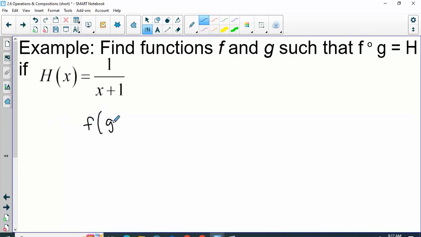So f of g of x is equal to h, which is 1 over x plus 1. G is the inside. That's the thing you do first. So if you're going to plug in a number for your x, what are you going to do first here? If I said go to this fraction, plug in a 5, what would be the first thing you did? And then you do 5 plus 1. So my inside, my g of x, is x plus 1.